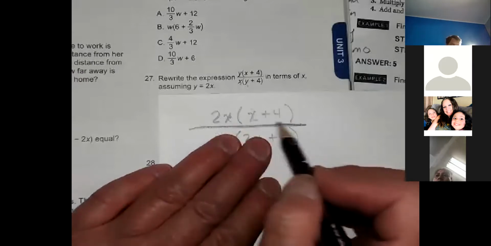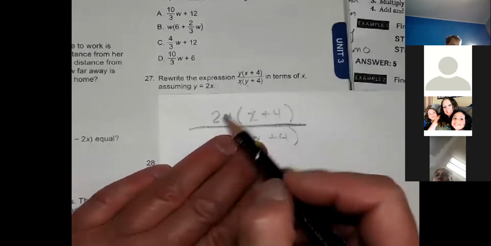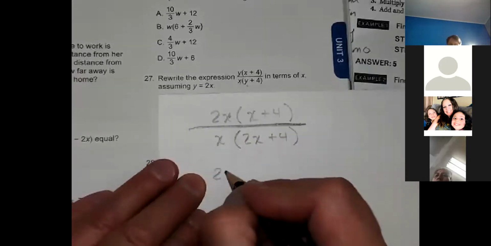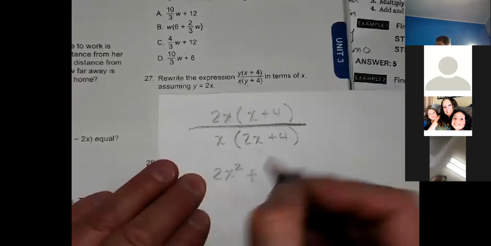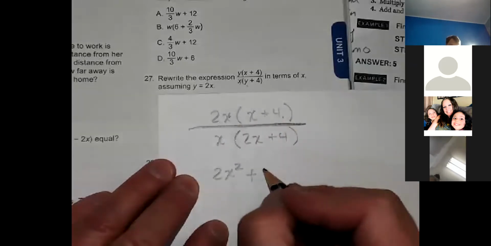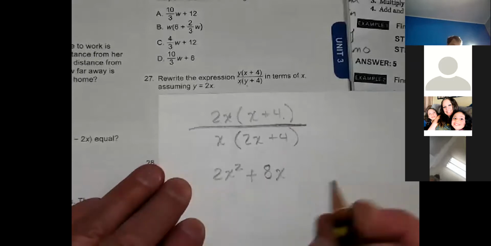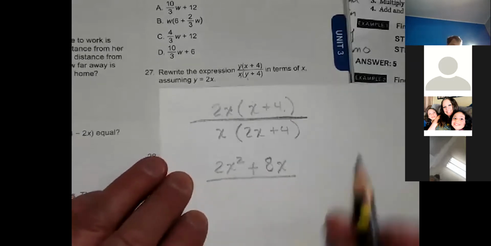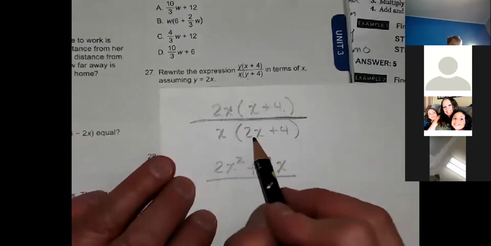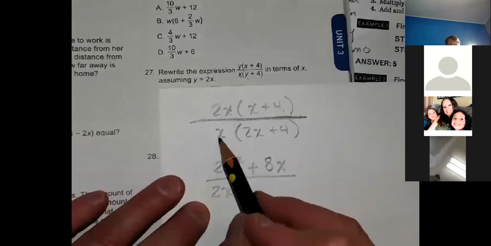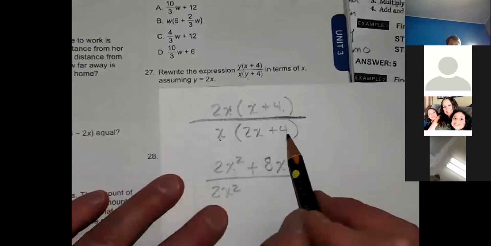I need to use the distributive property here. So 2x times x is going to be 2x squared. I'll have to add 2x times 4, which is 8x. I think this is going to make a big mess that I'm going to be sorry. x times 2x is 2x squared. x times 4 is 4x.